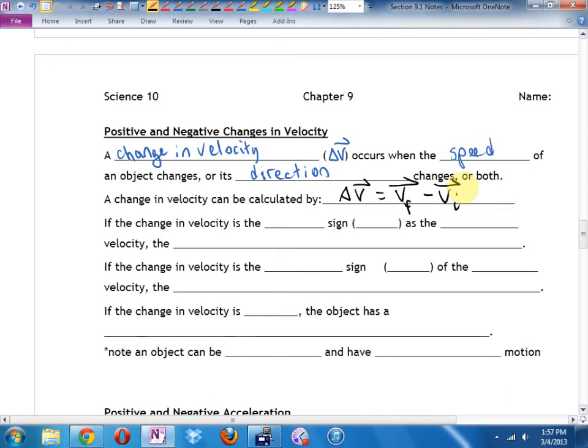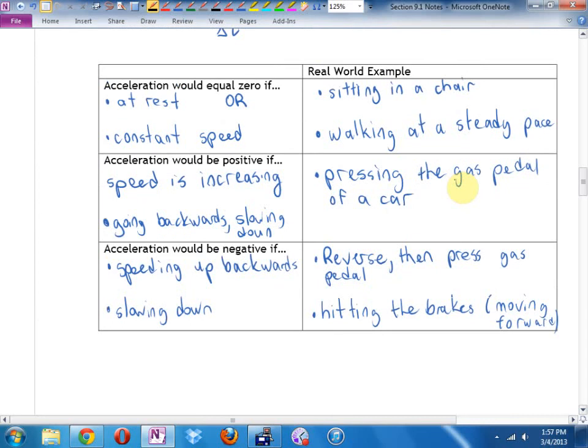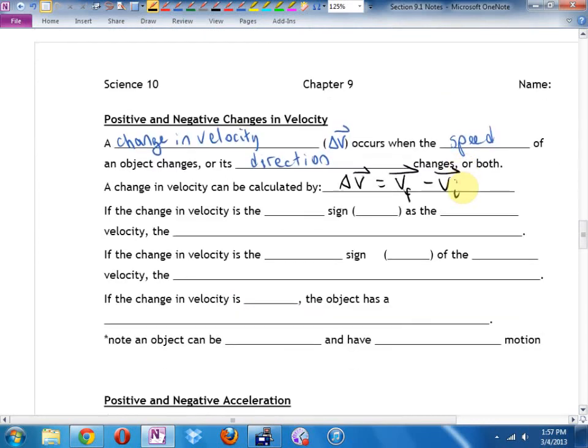Now, here we figured out the direction of the acceleration kind of intuitively. If you want a mathematical way to do this, if the change in velocity, the final minus initial, is the same sign, plus or minus, as the initial velocity, the speed is increasing.